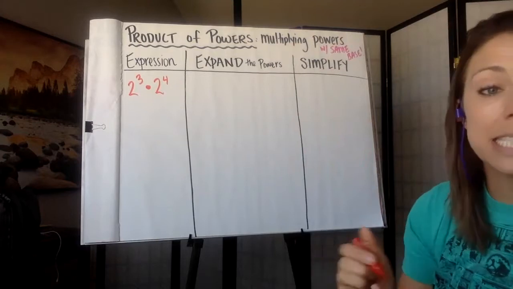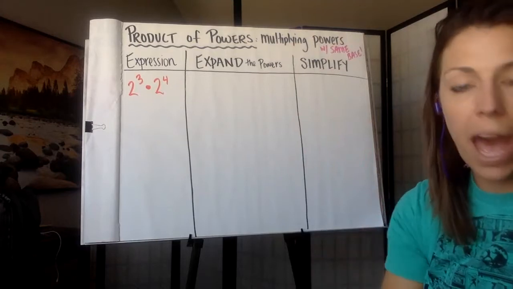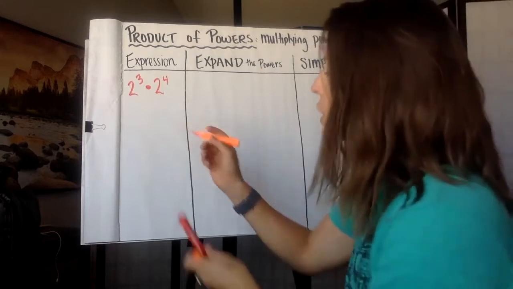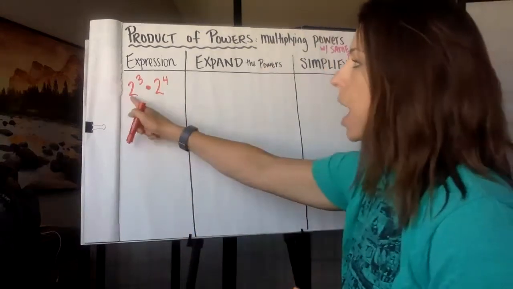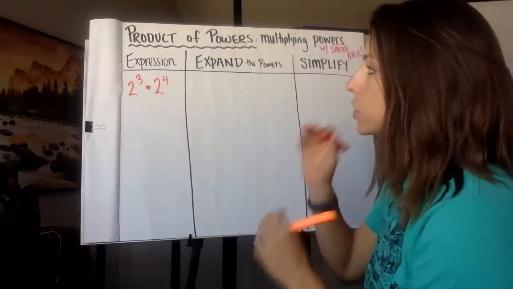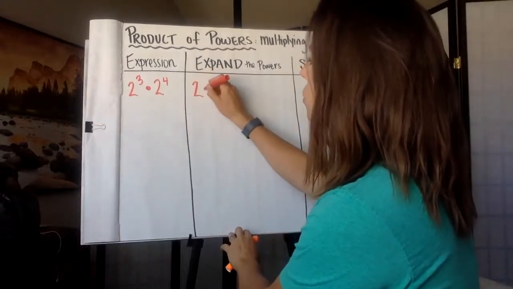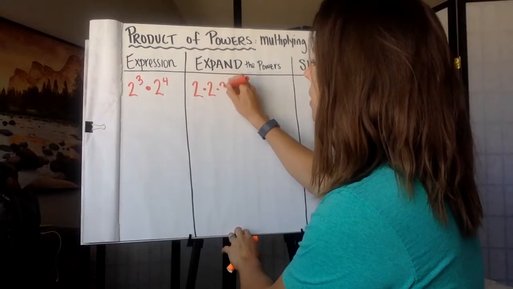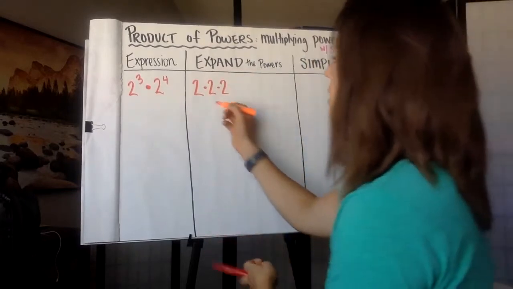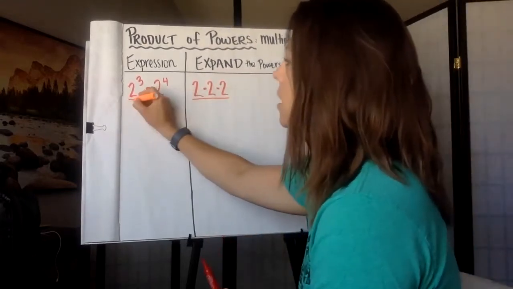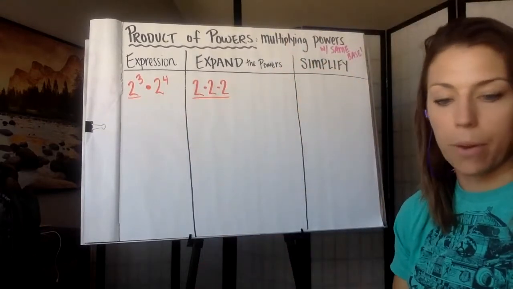We're going to expand those two powers into products. The first one, 2 to the third power, if we remember, just means 2 multiplied by itself 3 times. So I'm going to expand that as 2 times 2 times 2. So this is our first power in the expression, 2 to the third power.